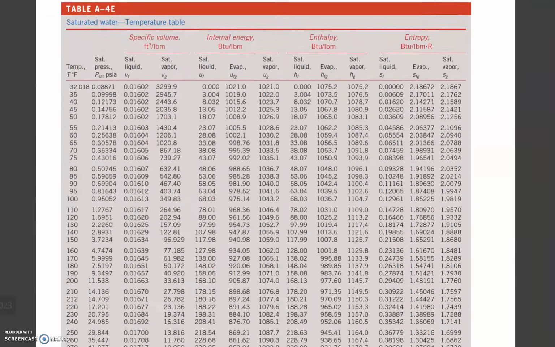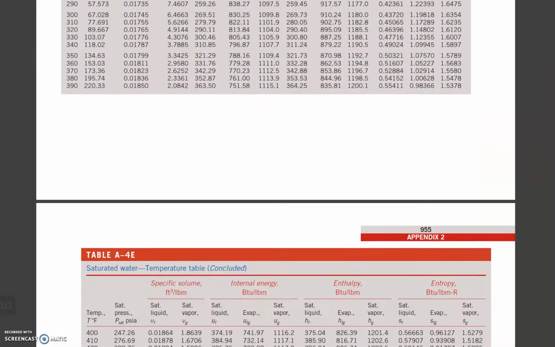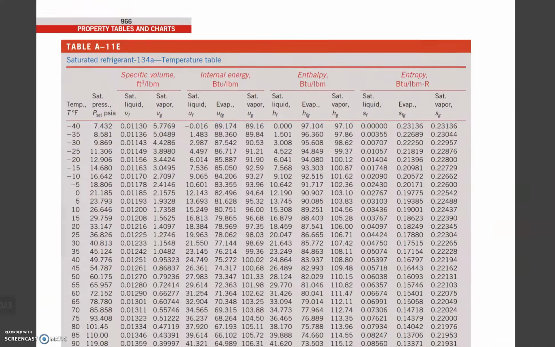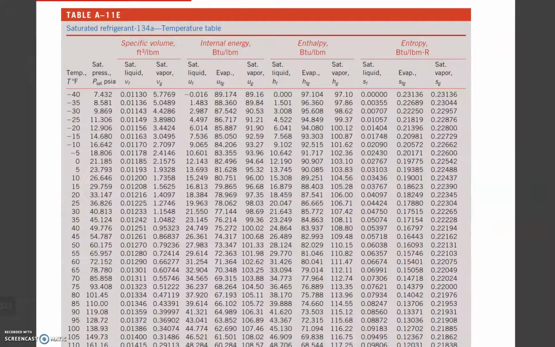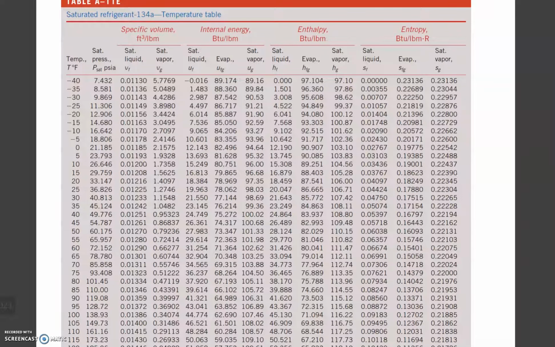So I'm in the English unit tables, A4, A5, A6, A7, 8, 11. All right, cool. So I'm here finally, and I need to go to 160 psi because that's my unit. And actually, probably I should use A12, right? Because that's the pressure table. Yeah, I should use A12E.